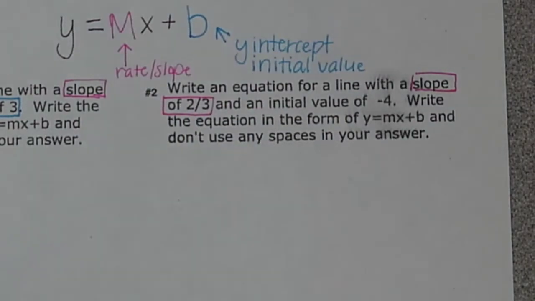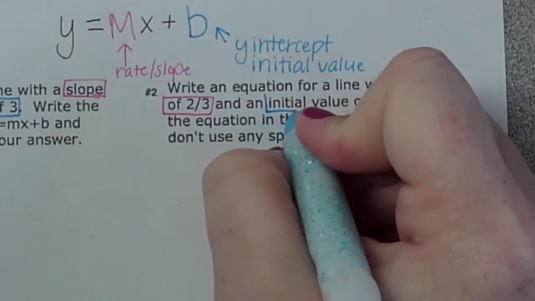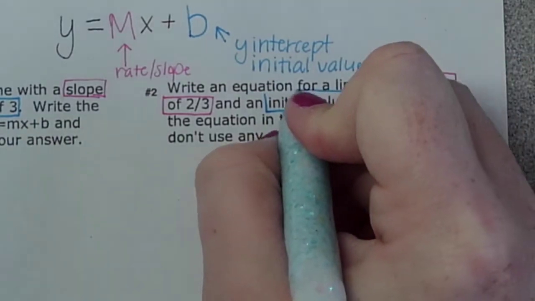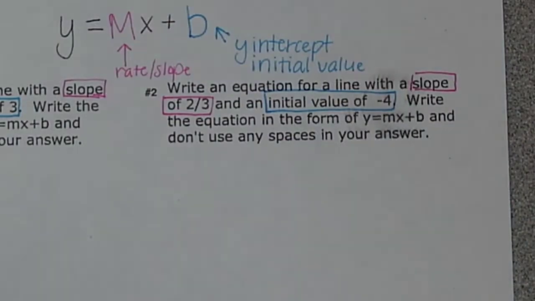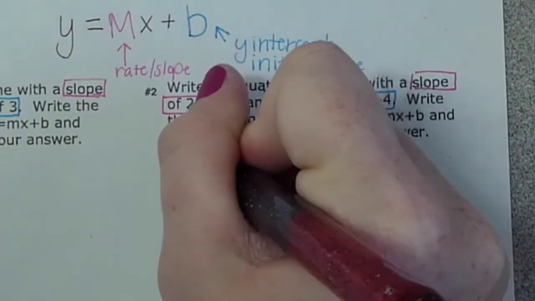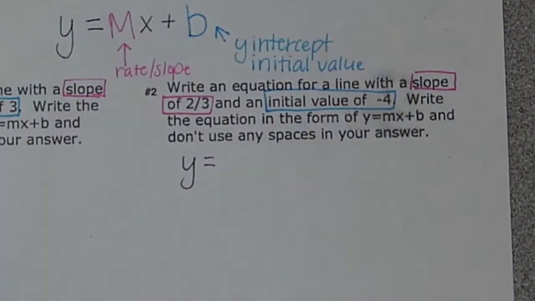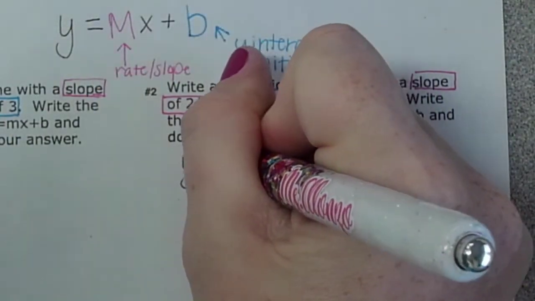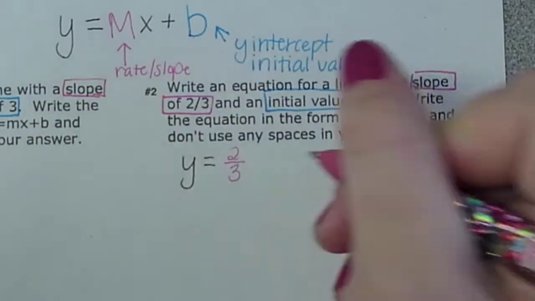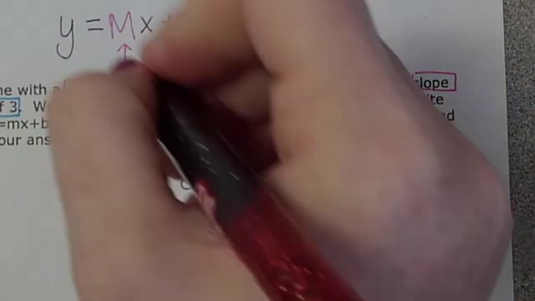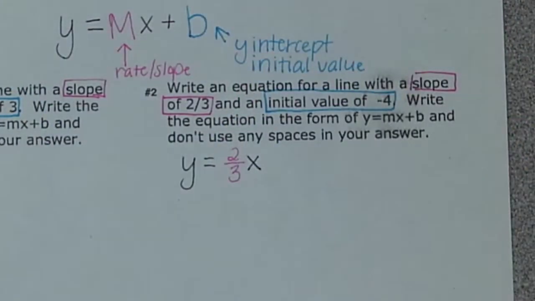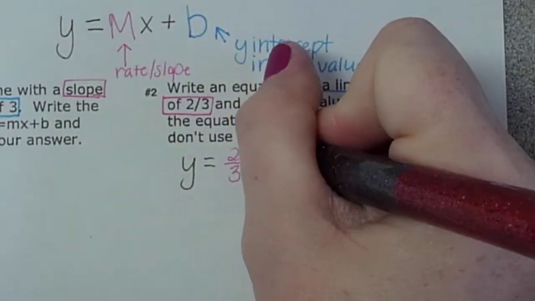The initial value is -4. So it would be y equals, the slope is 2/3 x, and then plus -4.